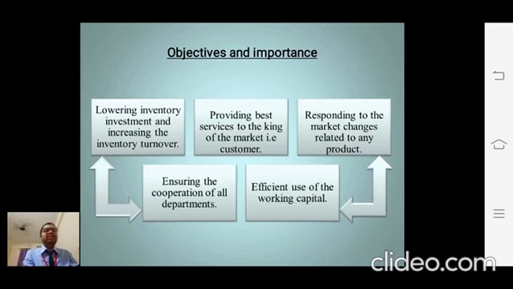So what is the demand of the customer? They always want better quality. It is one of the processes we have to do during the development and manufacturing phase of every product, so it gives better quality. Third, responding to market changes related to any product.